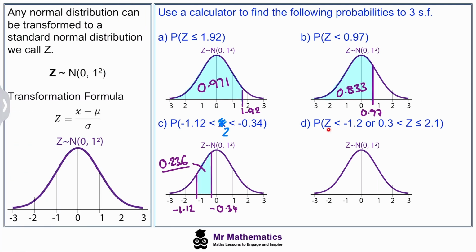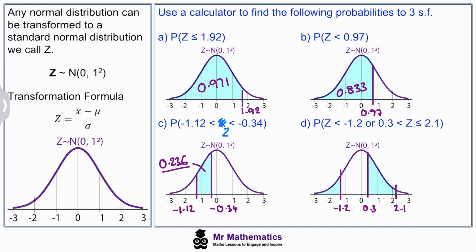Find the probability that z is less than -1.2, or that z is between 0.3 and 2.1. So it's much easier to understand what's happening here if we shade it in the diagram. So we've got less than -1.2, and then it must be less than 2.1, but greater than 0.3.